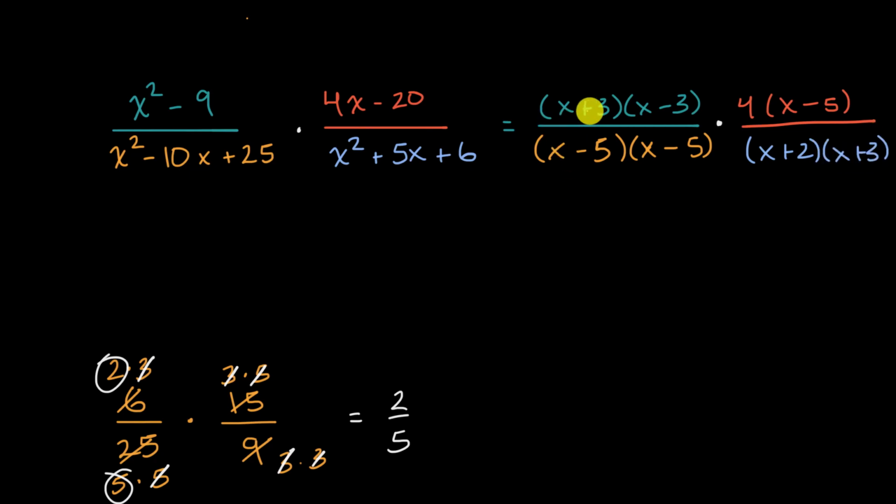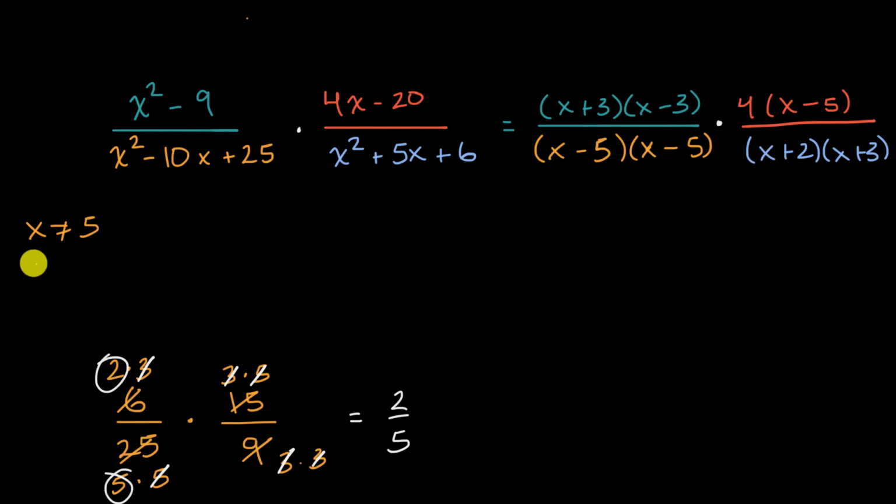Now, before I start reducing to lowest terms, let's think about the domain here. The domain is going to be constrained by things that make these denominators equal to 0. So the domain would be all real numbers except x cannot equal 5. Let me write it over here. X cannot equal 5, because if that happened, then this denominator would be equal to 0.